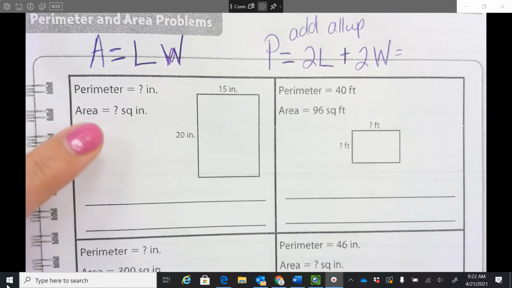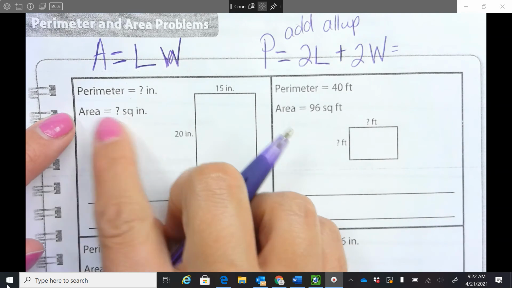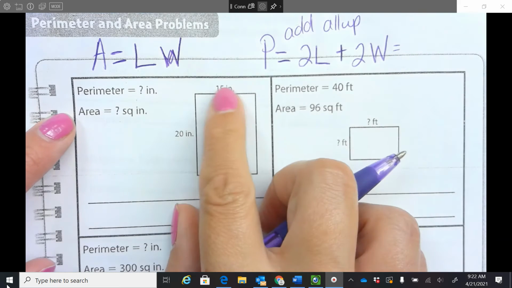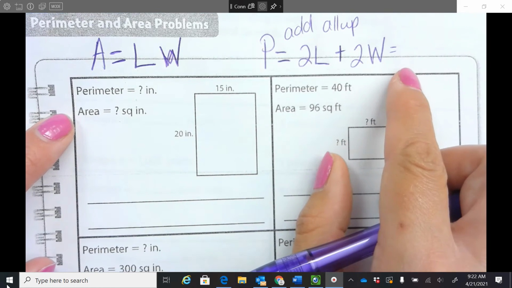All right. So this first one, it's asking us to find perimeter and it's asking us to find area. What can I do for perimeter? Perimeter tells me to do 2 times the length plus 2 times the width.